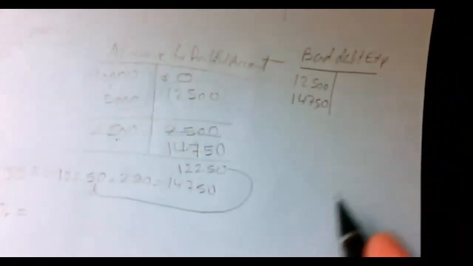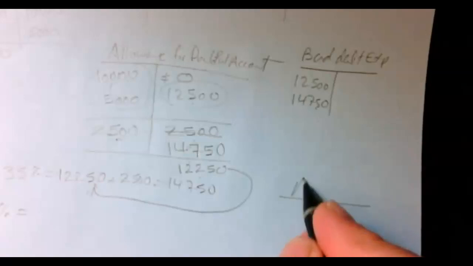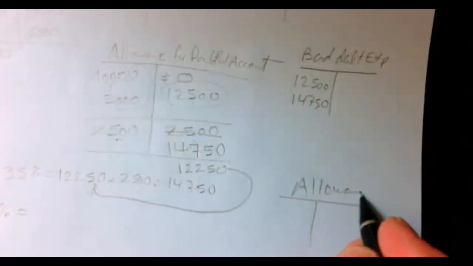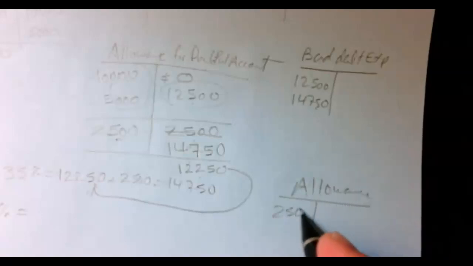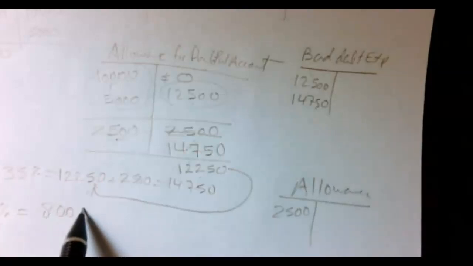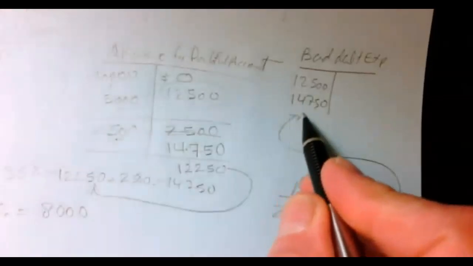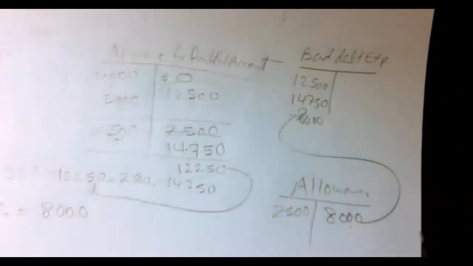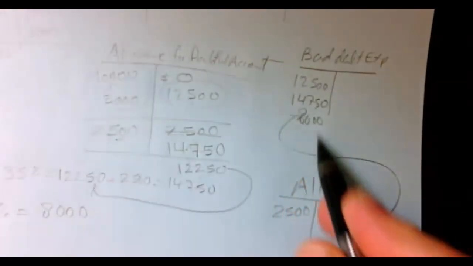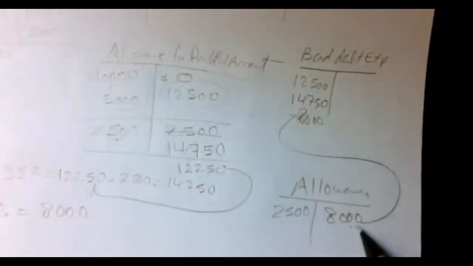So if I show you the same scenario, here is the allowance and it has $2,500 on the debit side. Because it's $8,000 here, I'm going to do 8,000 bad debt expense debit, allowance credit.